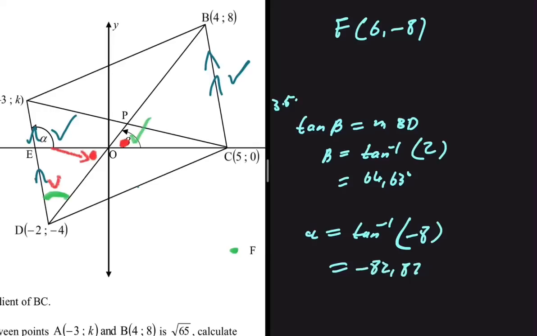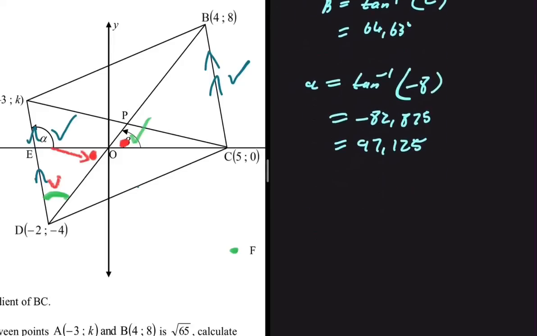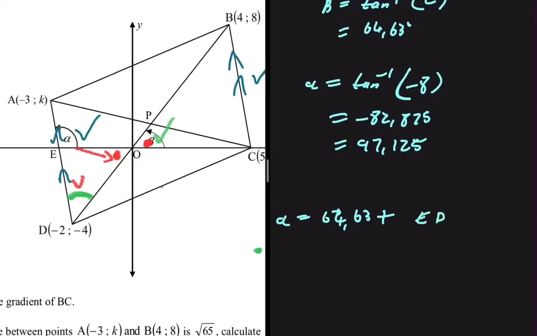This will give you -82.874875. If it is minus, you must always add 180. If you do that, you're going to get 97.125. So now we can say that our exterior angle is equal to 64.63 plus angle EDO.